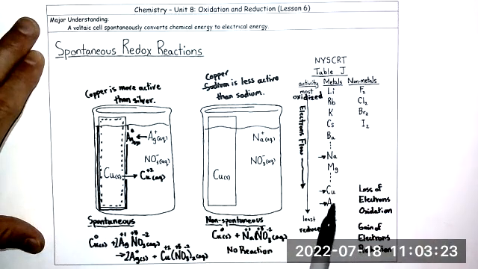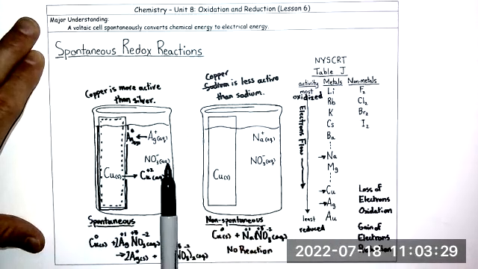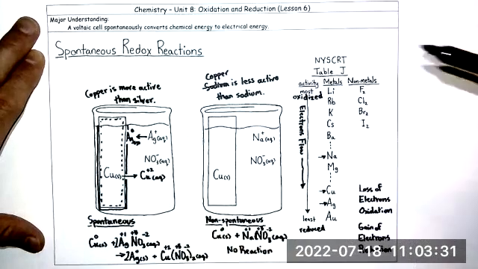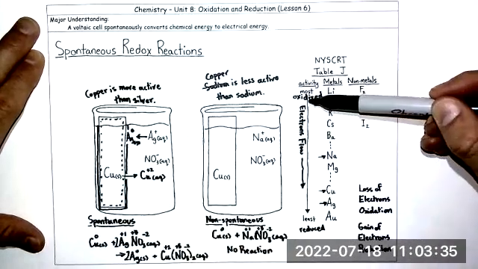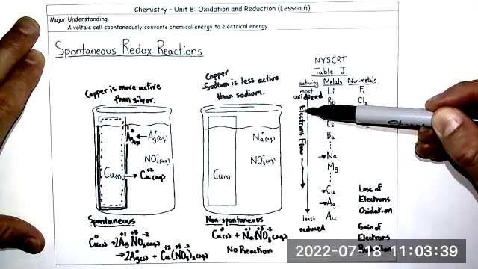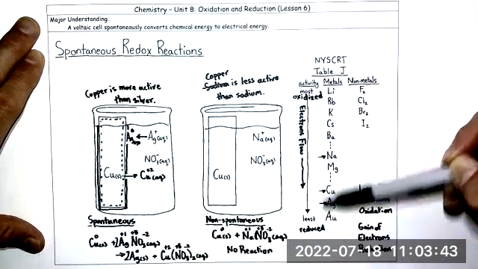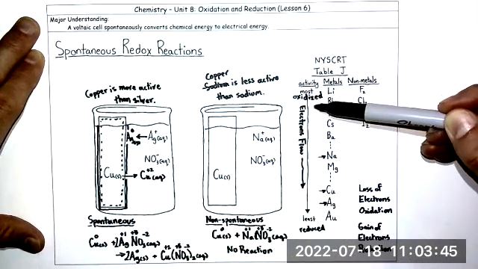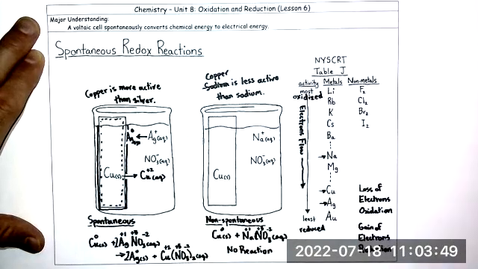However, because copper is above silver, or copper is more active than silver here, you will have a reaction here. Okay, so the way you use table J again is just to use this arrow here to establish the spontaneous flow of electrons. It will always go from most active to least active. Okay, if something is being oxidized, it's probably because it's more active than the other metal if it's happening spontaneously.